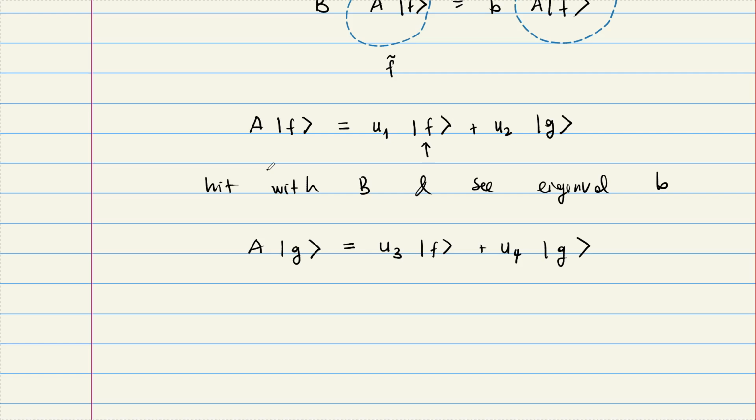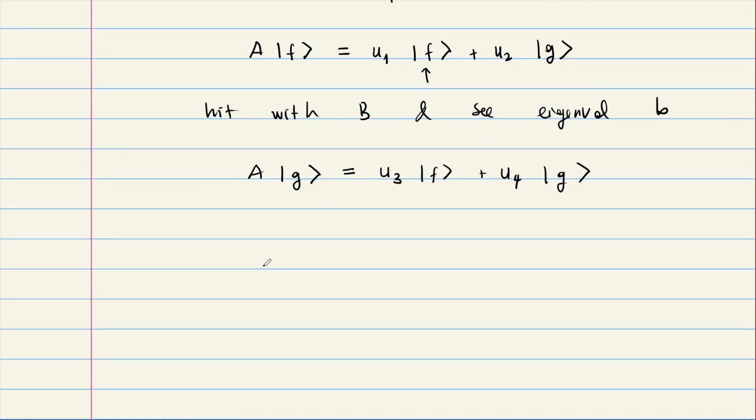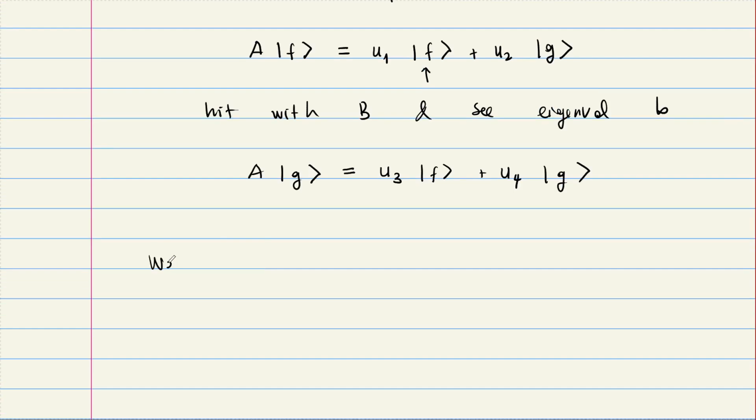And now is the hit. This is not a problem, right? This is not a problem because I can find a combination of F and G and make this combination an eigenstate of A. What I mean is we can find a new basis.